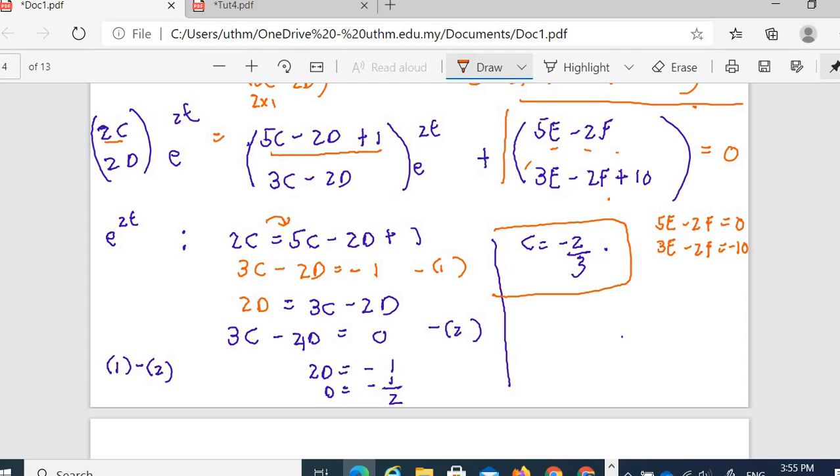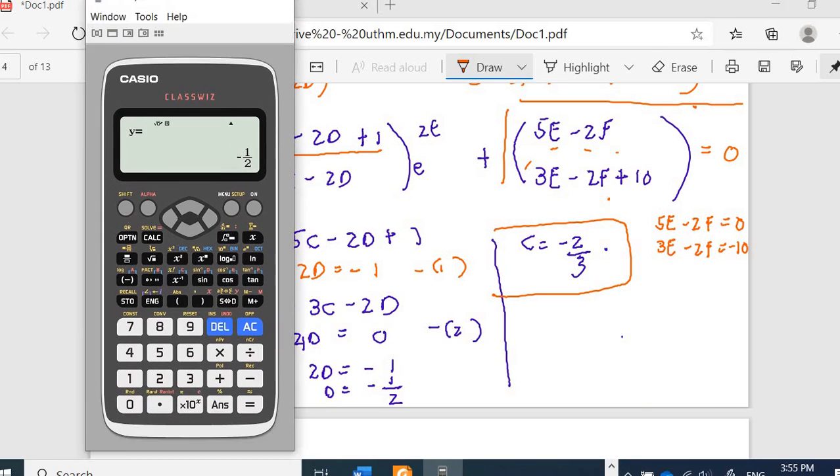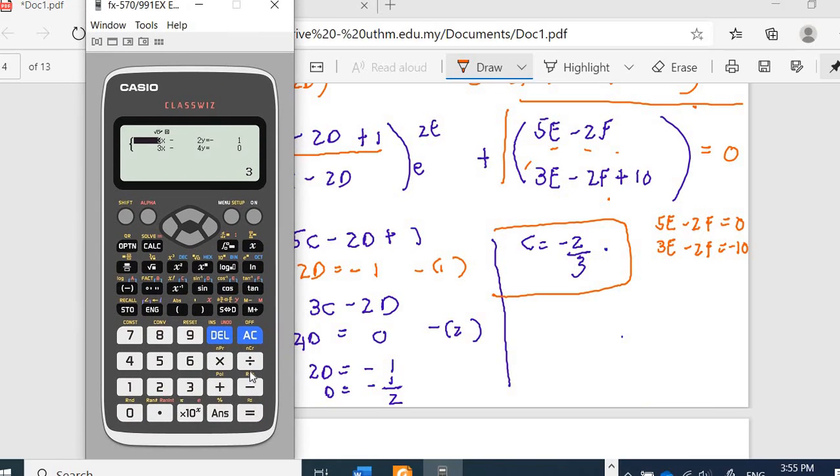So you may use a scientific calculator to solve it quickly to get your e and f. You put 5, negative 2, 0. Second row 3, negative 2, negative 10.